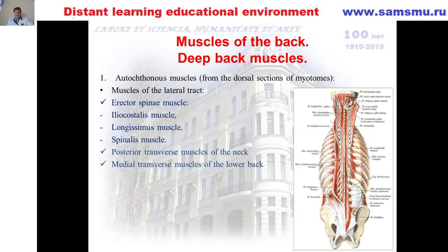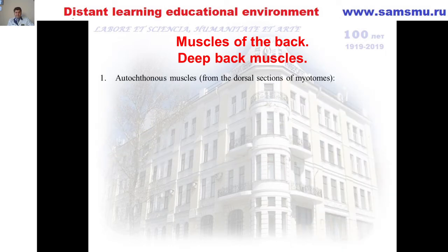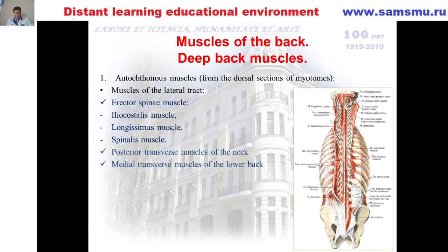So, separate bundles passing between the transverse processes of 2 adjacent vertebrae are also related to the lateral tract. They are conspicuous in the most mobile parts of the spine, in the cervical and lumbar.